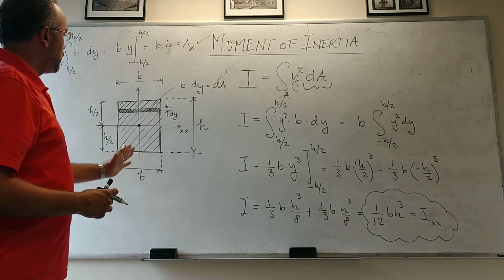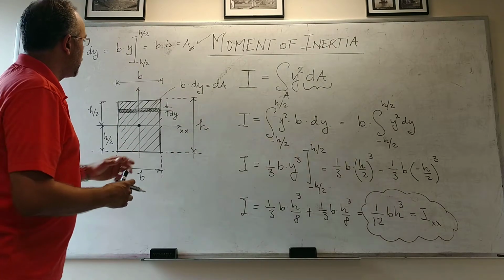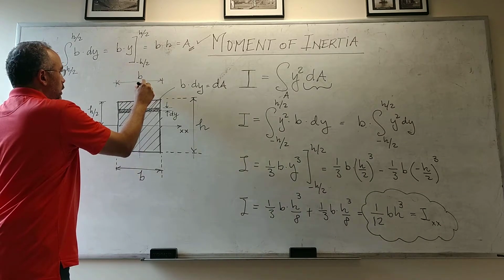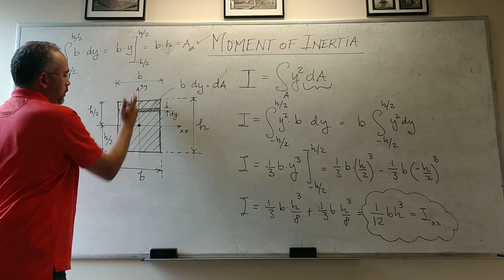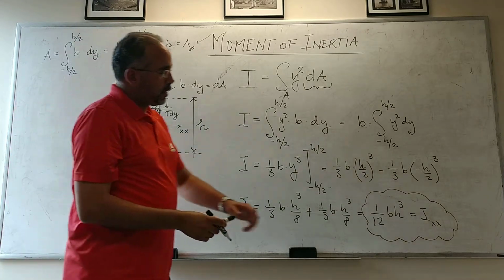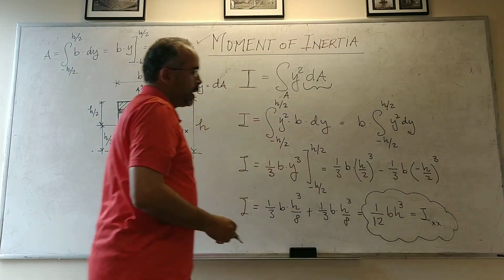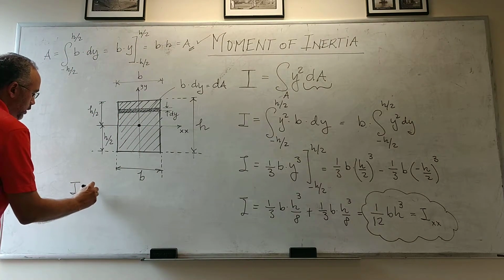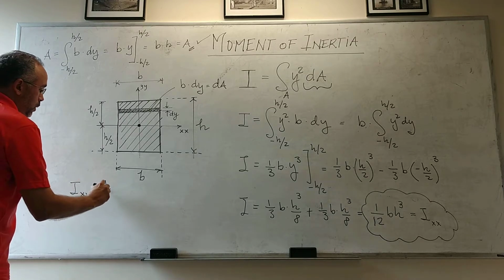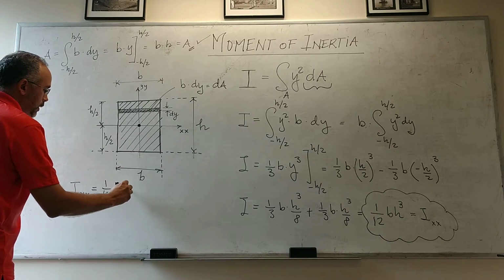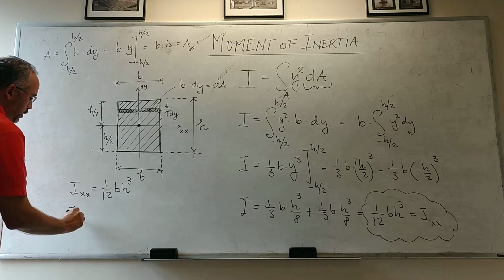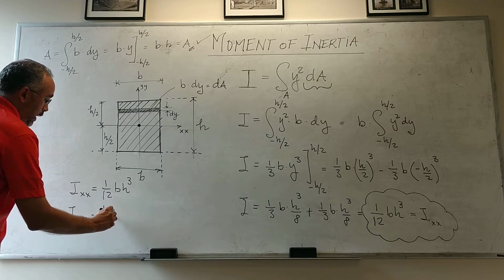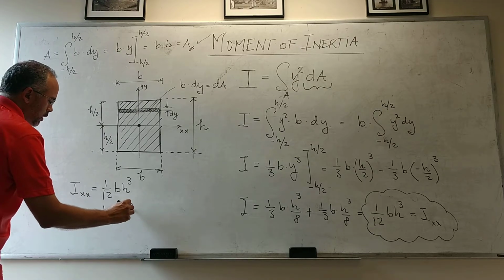If you wanted to calculate the moment of inertia about the vertical axis, y, basically the only thing you have to do is switch b and h. And so, in summary, you have inertia around x, 1/12 b h cubed, inertia around y, 1/12 h b cubed.